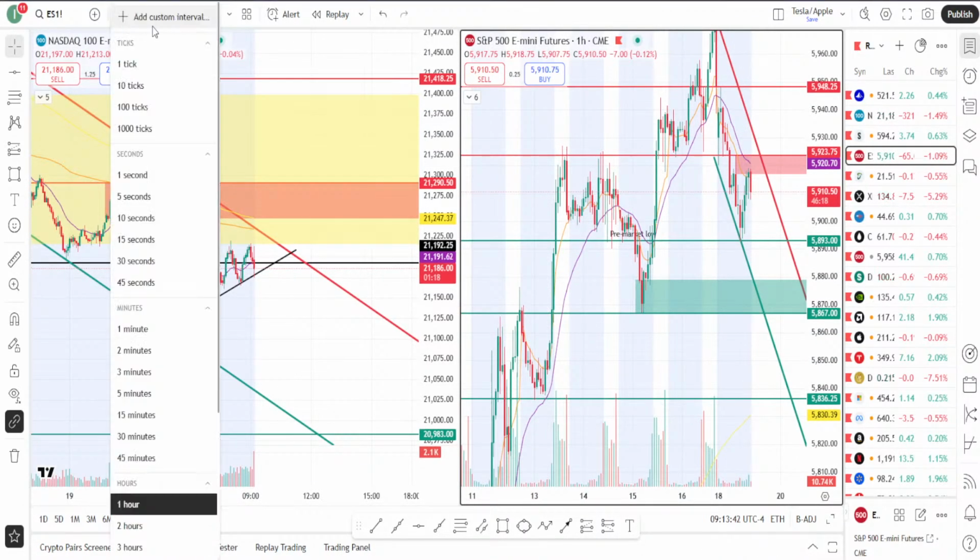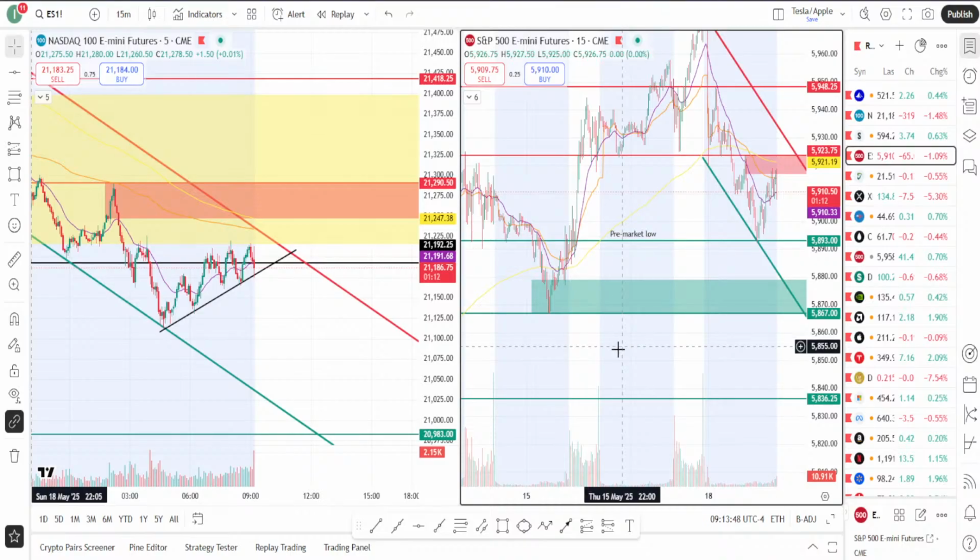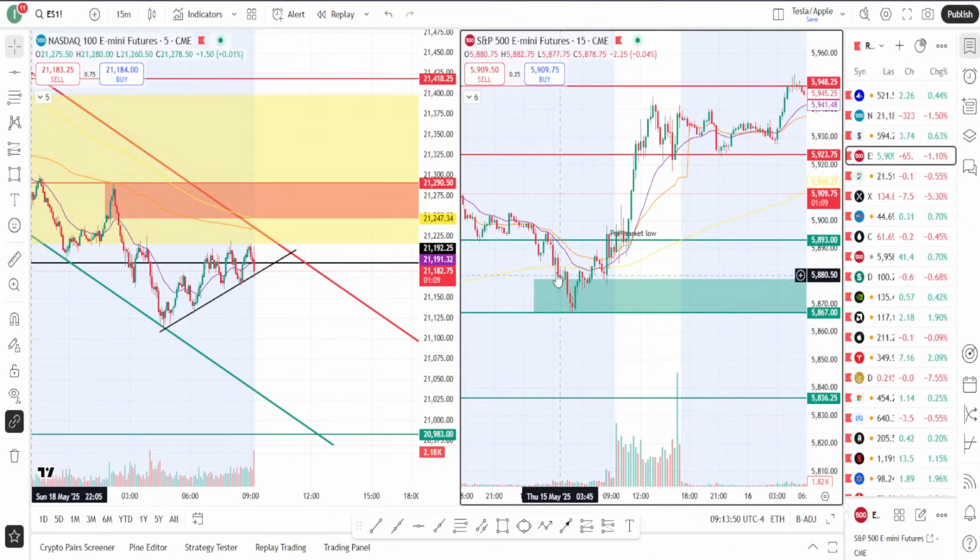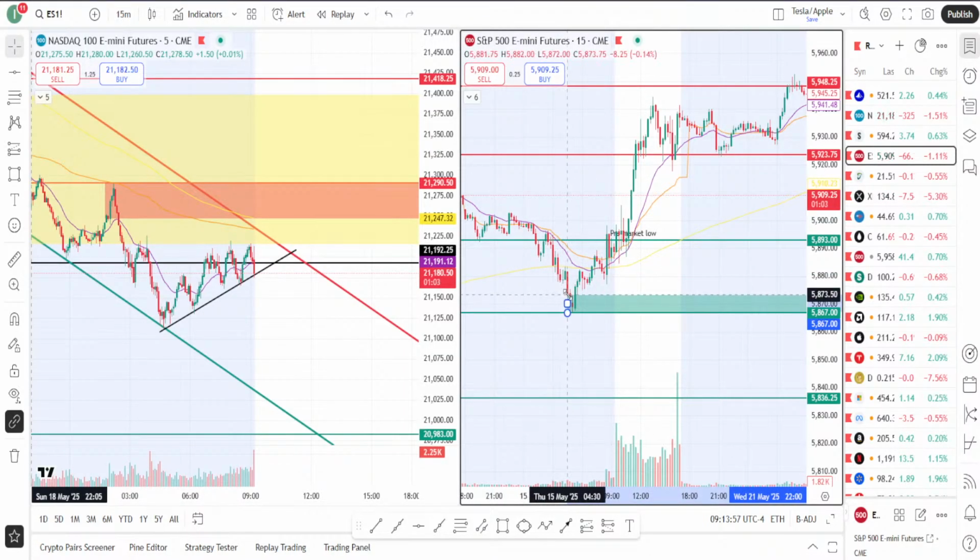Let's see if we can make it a bit smaller by dropping down the time frame, and then now we just look for an order block before they move up. Right there.